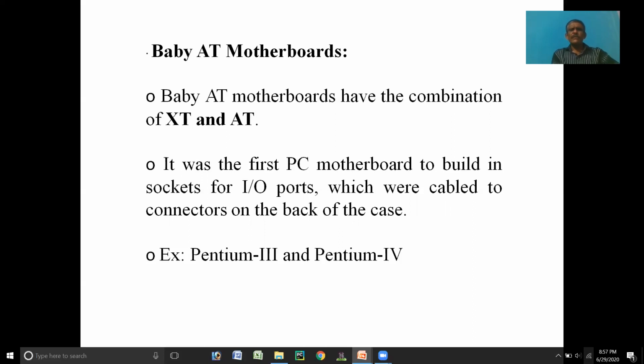It was the first PC motherboard to build in sockets for IO ports, which were cabled to connectors on the back of the case. The example for this is Pentium 3 and Pentium 4 processors.